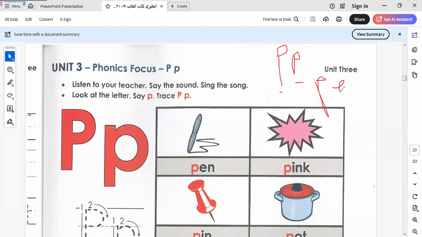We say B here like bin and B like ball. Okay. I don't know whether Arab countries say so or not, but the correct thing that I would like to note is that we say B like bin and B like ball, okay?